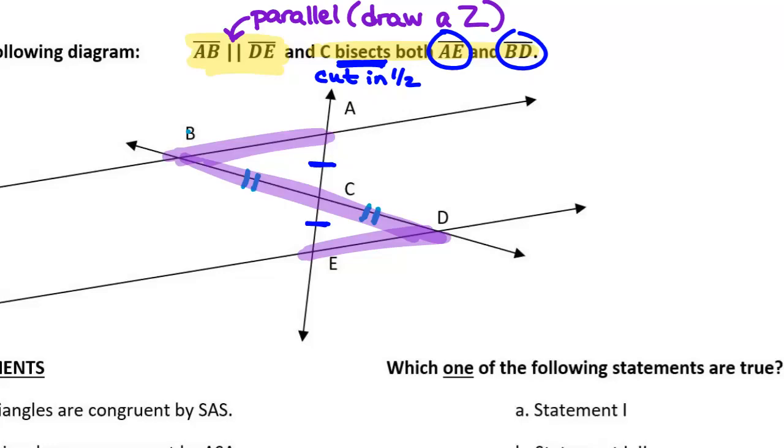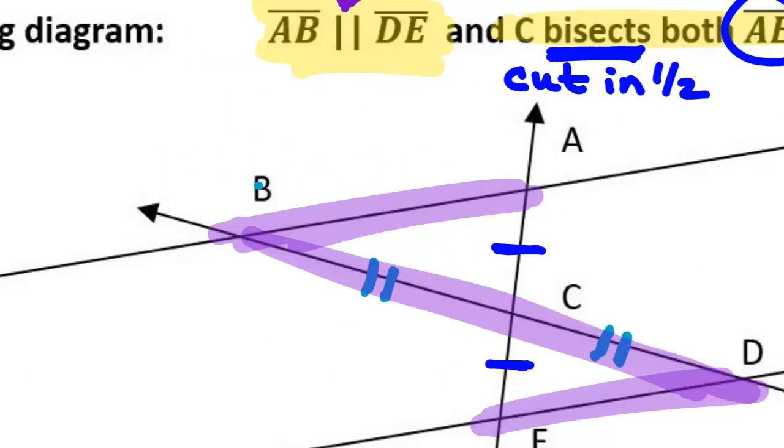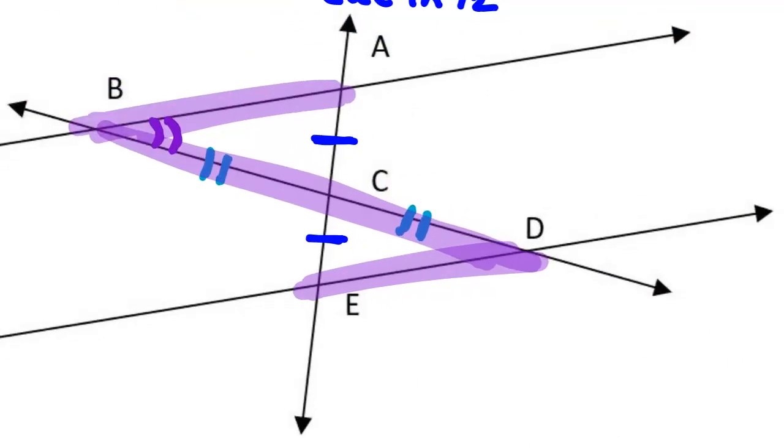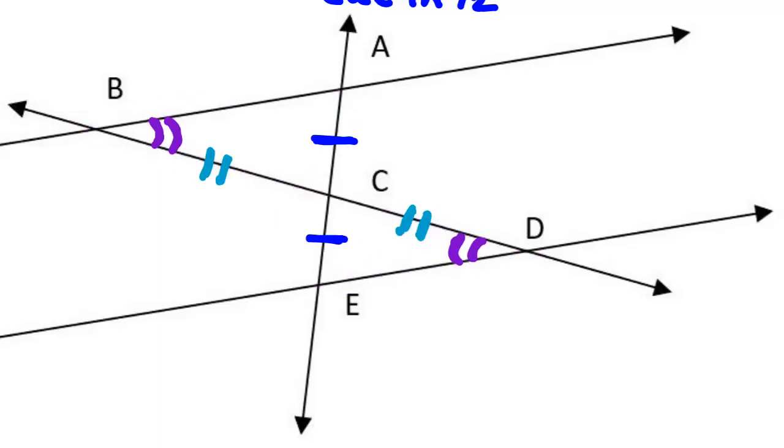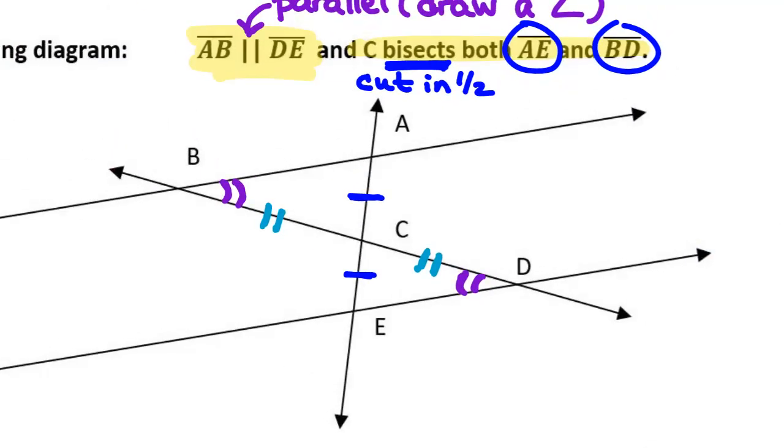If I do it like this, what are the angles that are congruent? I would have ABC, this angle right up here, and CDE, this angle right down here. Purple to purple, purple to purple. But we said we could have done our Z the other way, right?